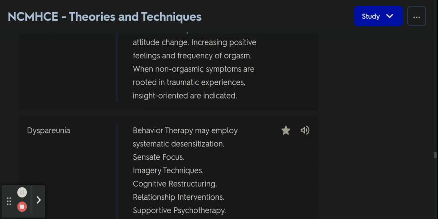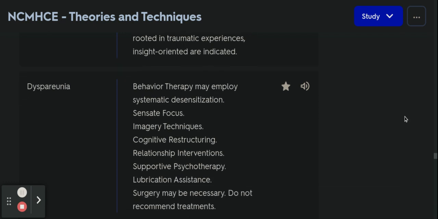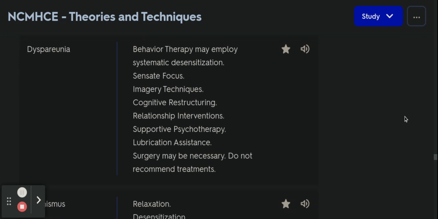Dyspareunia: behavior therapy may employ systematic desensitization, sensate focus, imagery techniques, cognitive restructuring, relationship intervention, supportive psychotherapy, lubrication assistance. Surgery may be necessary.